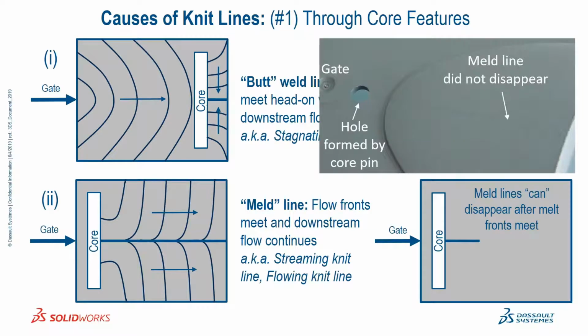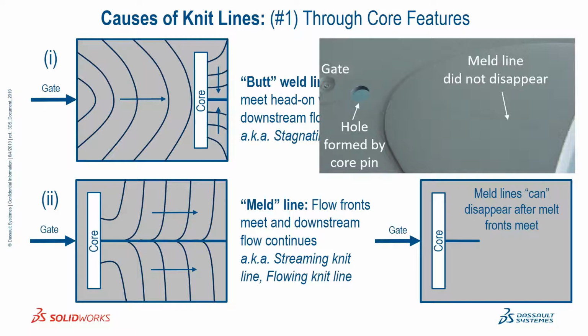But here we have almost exactly the same situation, where we have a gate on the left-hand side of the part, a round hole core, and a knit line on the back side of the hole. It may be a little bit light in the image, but that line extends for the entire distance of the molding itself.